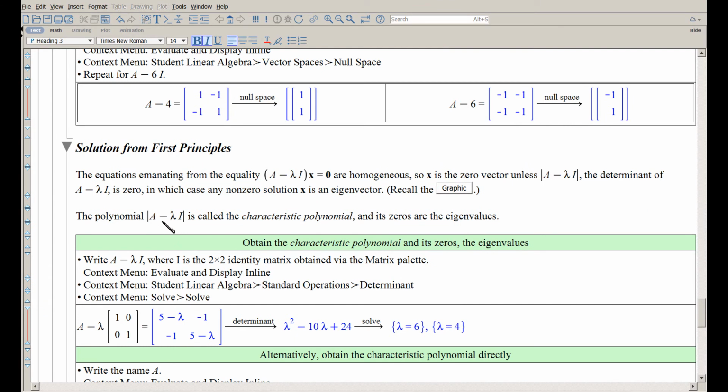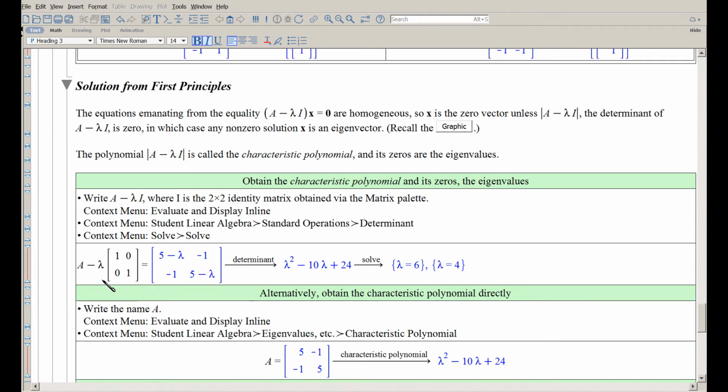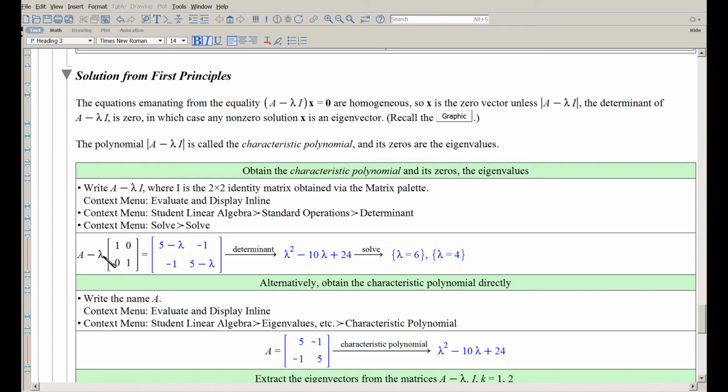Okay, so the polynomial, which is the determinant of A minus lambda I, is the characteristic polynomial. Its zeros are the eigenvalues. That is the gist of what the textbook tries to tell the student. Okay, so let's see if we can do this in Maple. So here's A minus lambda I. Now I have explicitly put in the matrix representing the identity.